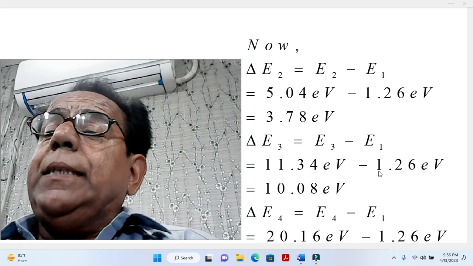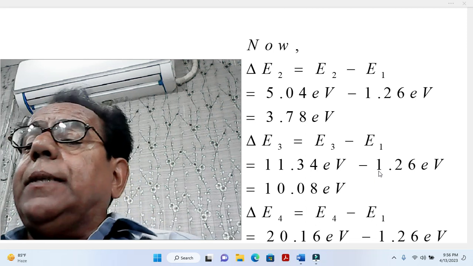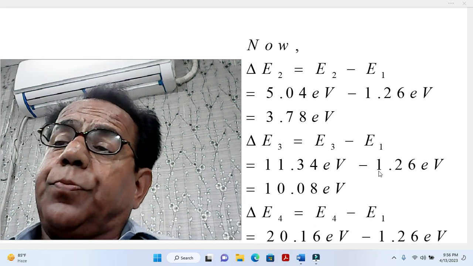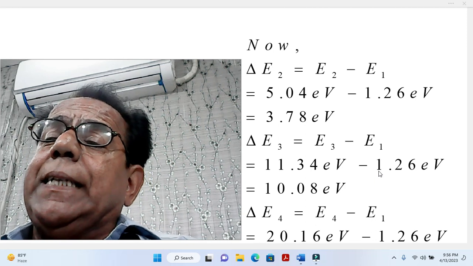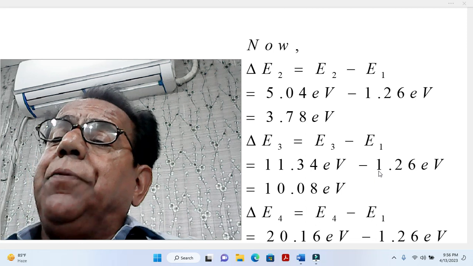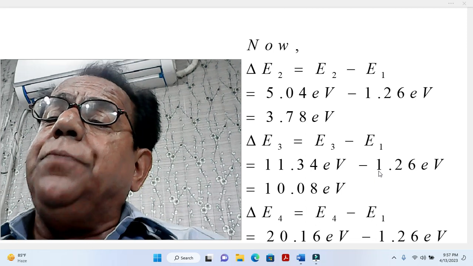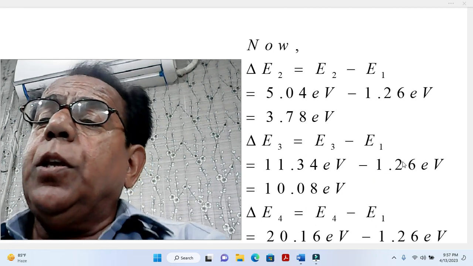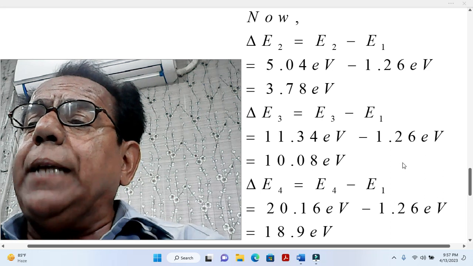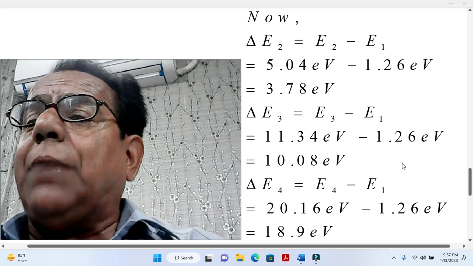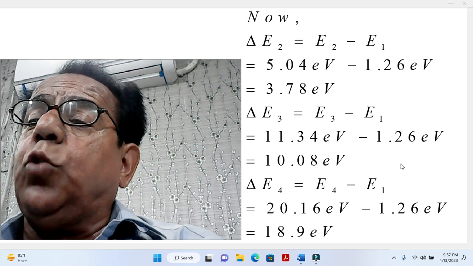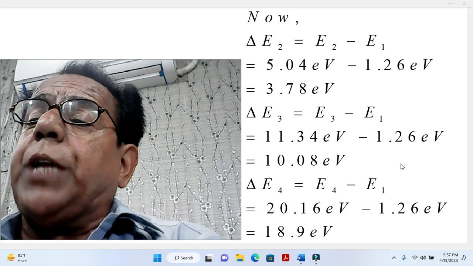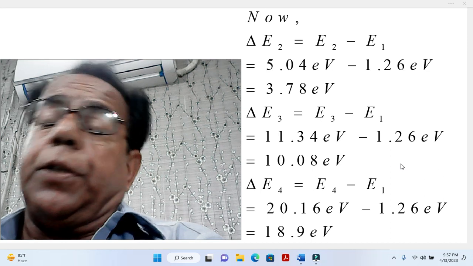Now delta E3 is equal to E3 minus E1. In every delta E we will have reference with E1 ground state. So E3 minus E1 becomes equal to 11.34 electron volt minus 1.26 electron volt, and this becomes equal to 10.08 electron volt.